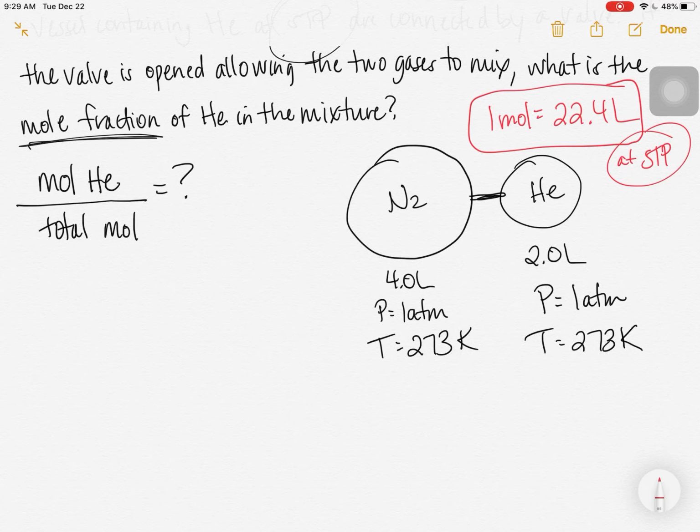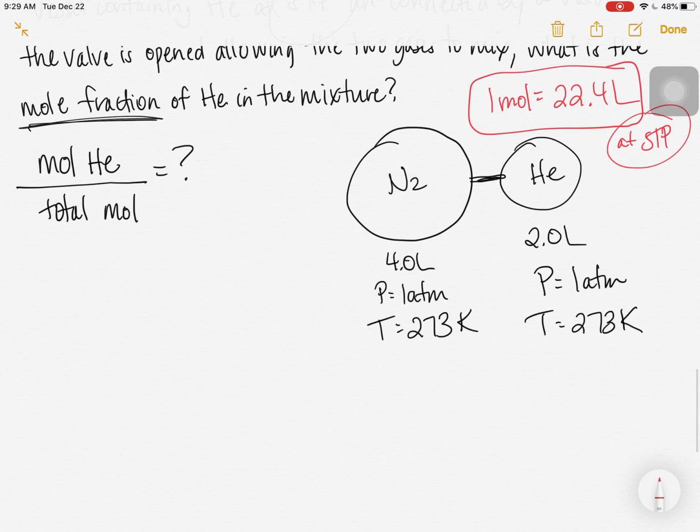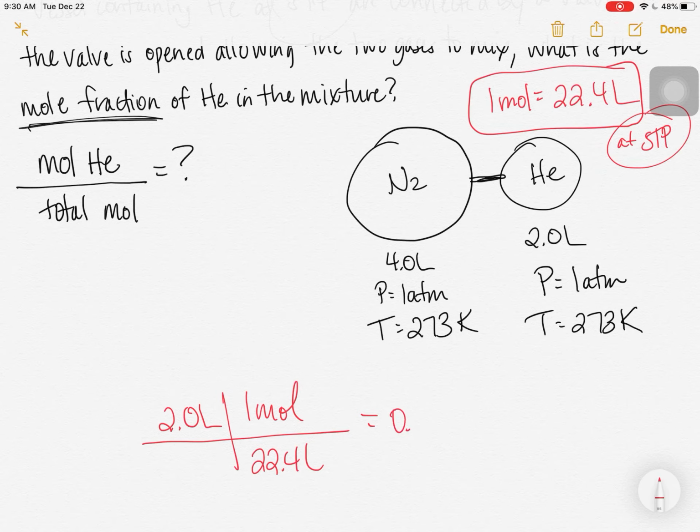So I can solve this by saying, okay, again, I want the mole fraction of helium, so I need the moles of helium. Well, if I know that I have 2 liters of helium, and I know that 22.4 liters is equal to a mole, that gives me this number.